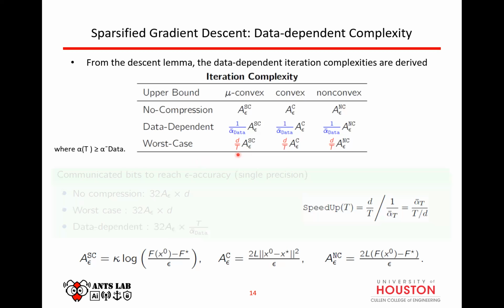So now the values will be the same as the non-compression versions times d over t. Between these two, we see that the number of communication bits probably will not change much, but the iteration complexity is worsened by this worst case scenario, because t is your sparsity budget and d is your dimension.